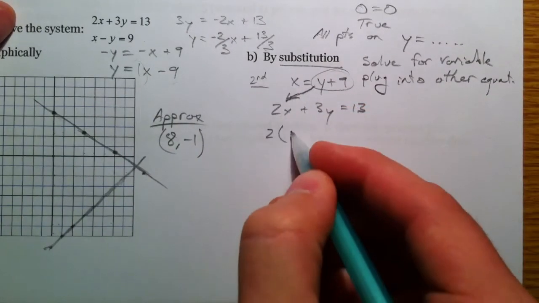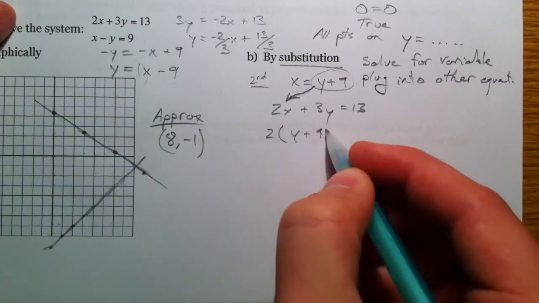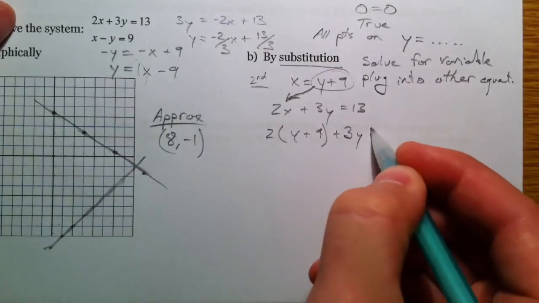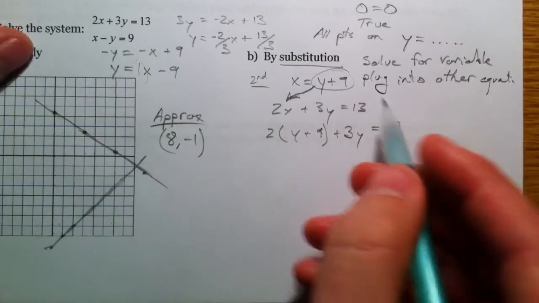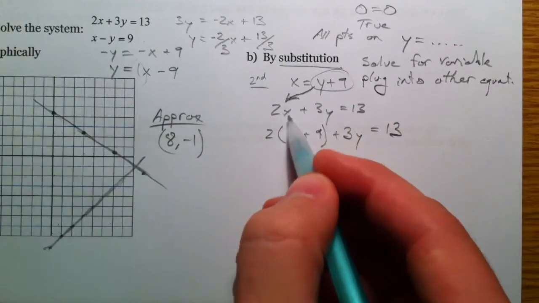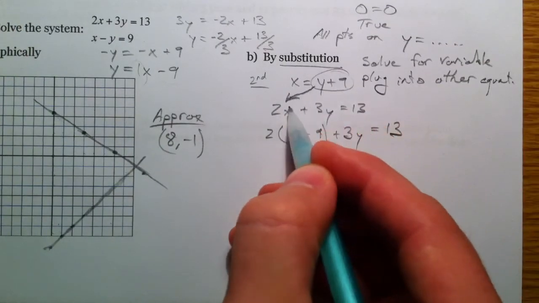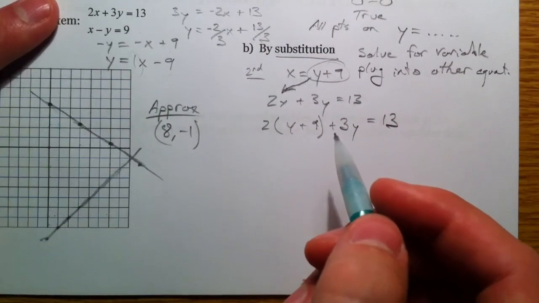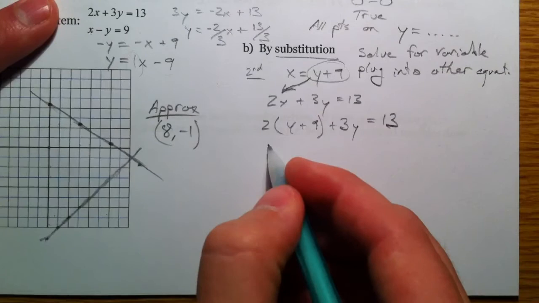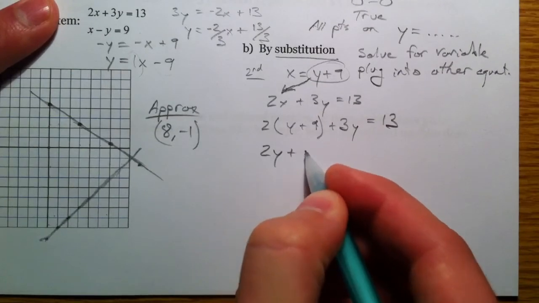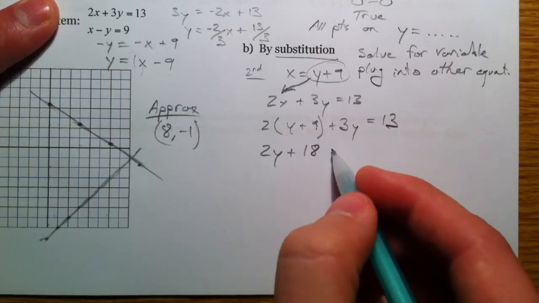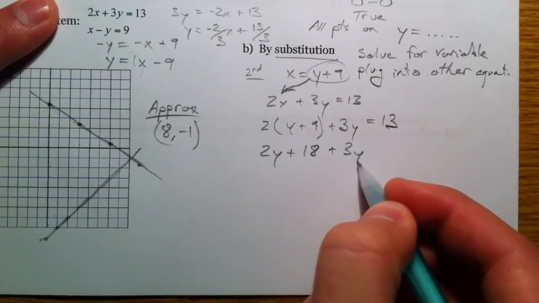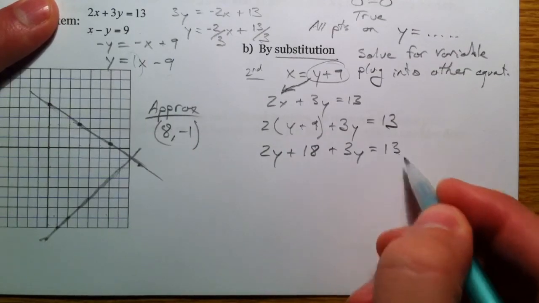So 2 times y plus 9 plus 3y equals 13. Say x is a dollar and we're sticking 4 quarters in there. They're equivalent, at least at this one point that we're trying to find. So 2y plus 18 plus 3y equals 13.